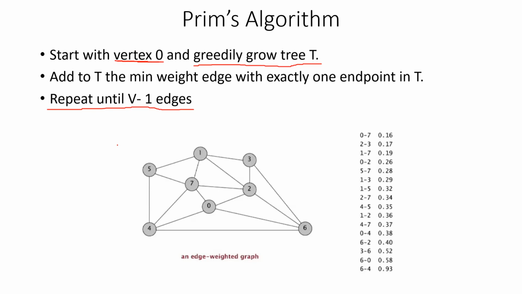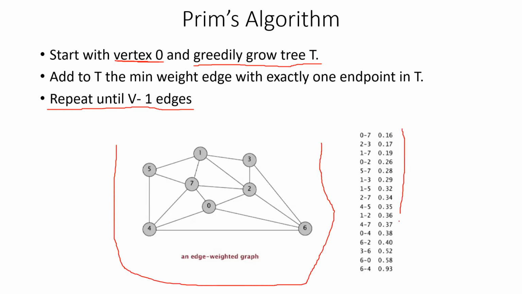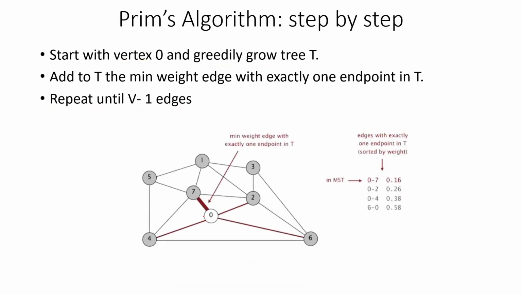So, for example, again, we have the same tree, and here we have the weights of the edges. We start with 0, and we consider all the edges connected to 0, and from all these edges we take the minimum value.